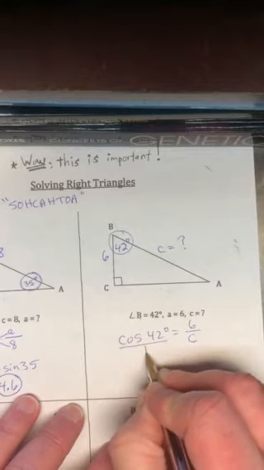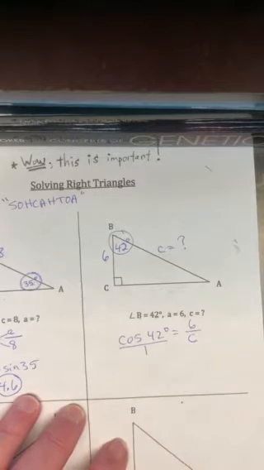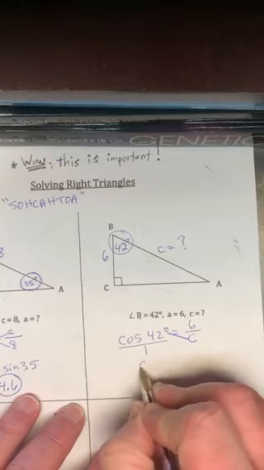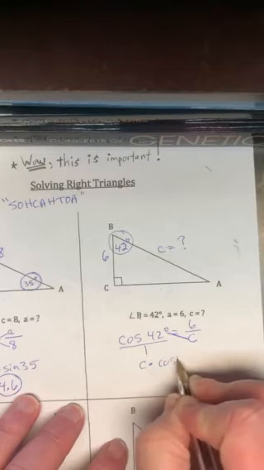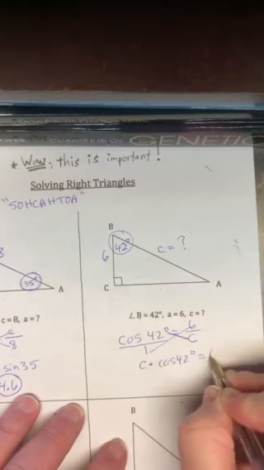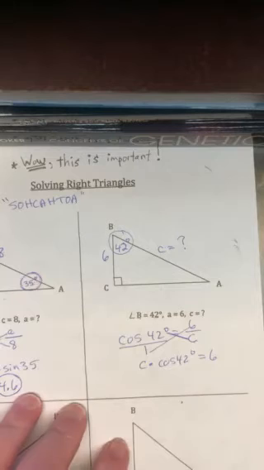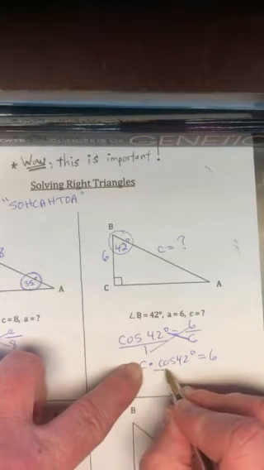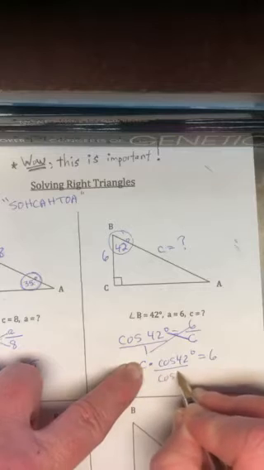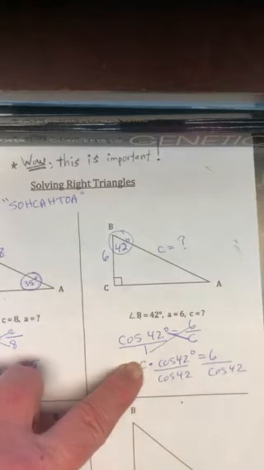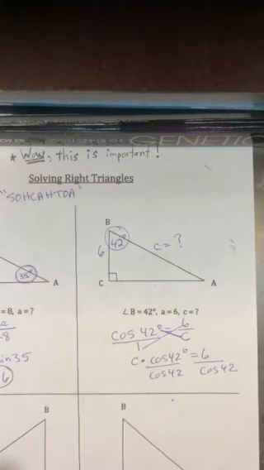So when I put this over 1 and I go to cross multiply, I have C times the cosine of 42 equals 1 times 6 is 6. Agreed? Now we're trying to get C by itself. So I'm going to divide by the cosine of 42. That should make sense if you're taking good notes and thinking along with me.